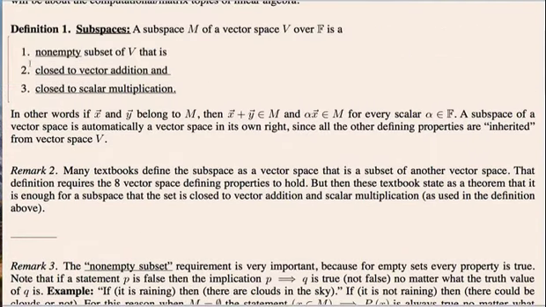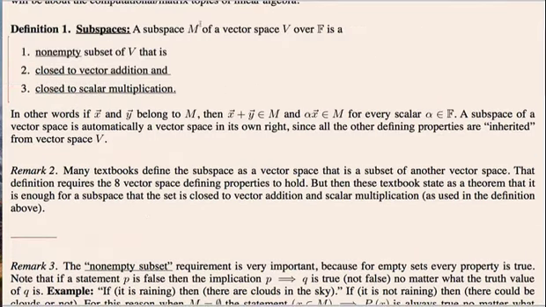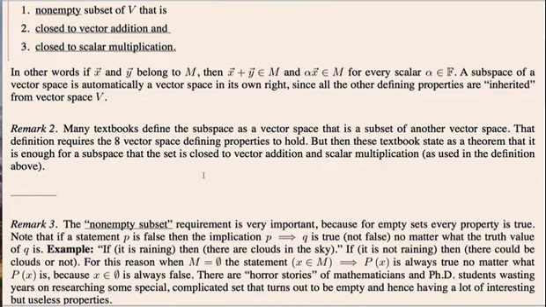Also, let me mention that this non-empty subset part is a requirement, and it's very important, although many times it's obvious and it's neglected. The reason it's important is that if somehow we have an empty set M, then for an empty set every property is true. This is because when you want to say that the set has some property, that usually includes an implication statement, an if-then statement.